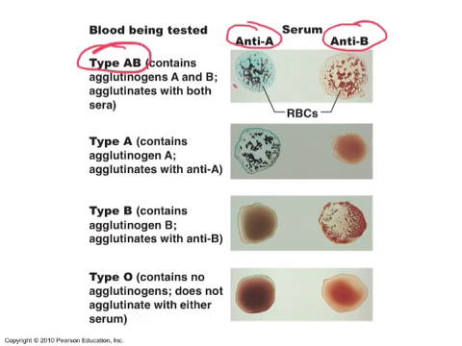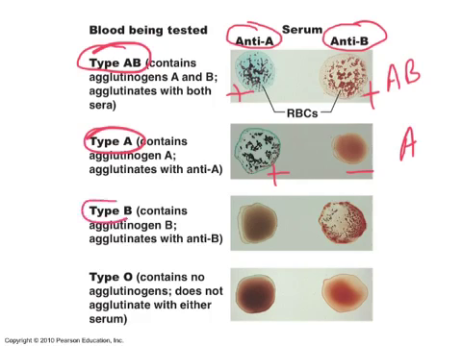So you get a positive clumping response for A and B. So it's type AB. If you have type A blood, you get a positive response, the clumping with the anti-A serum, and a negative response, no clumping with the anti-B serum. So they have A agglutinogens only.